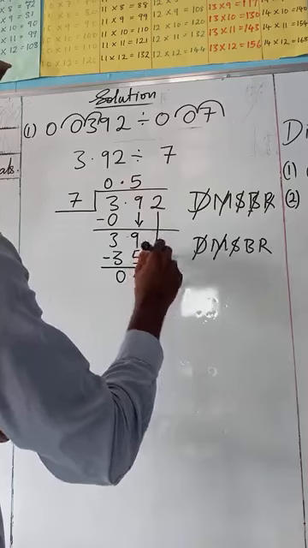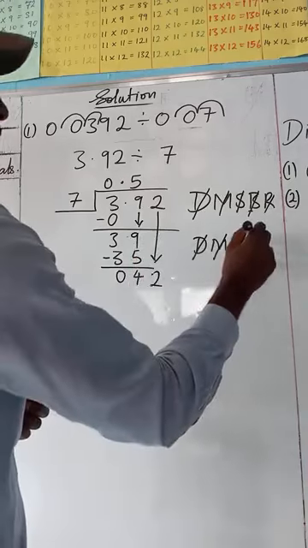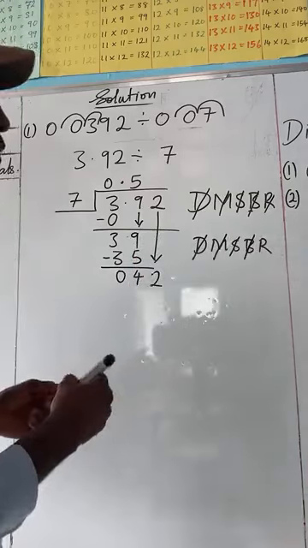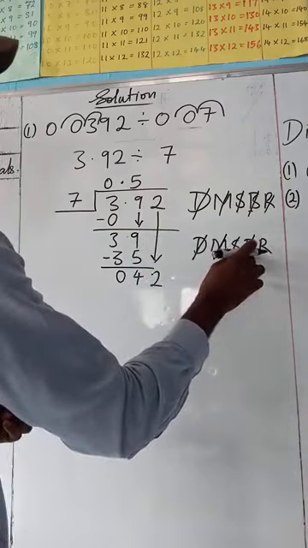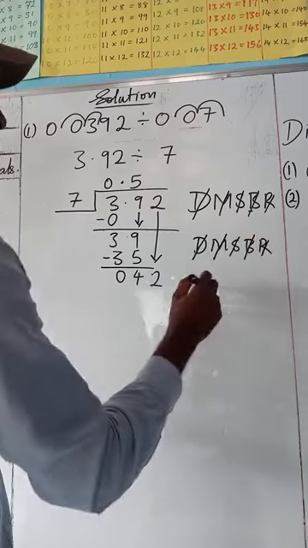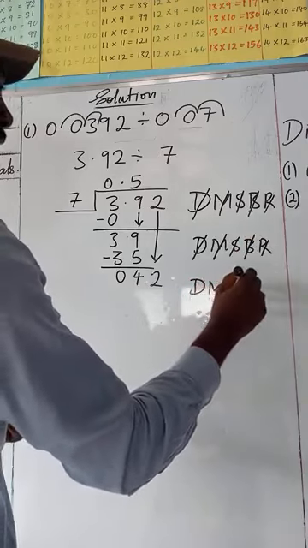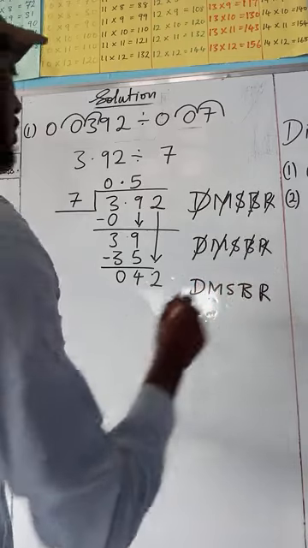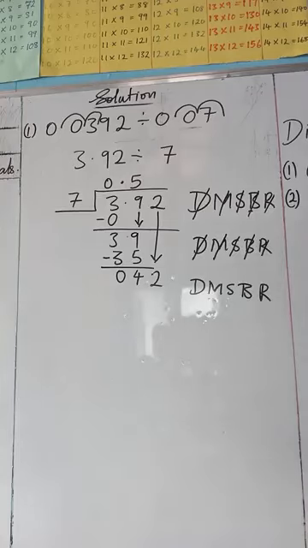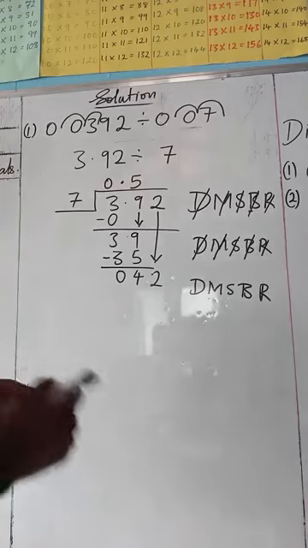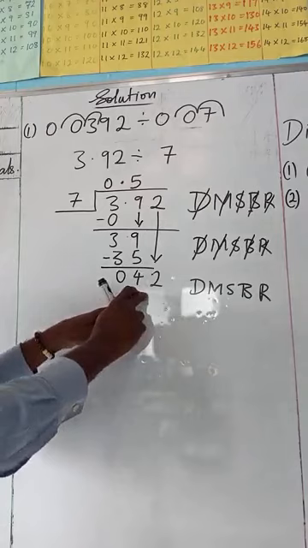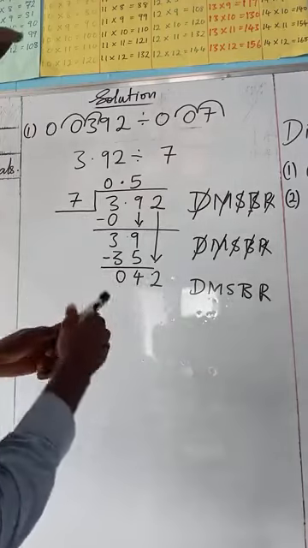You bring down your 2. You've brought down the 2. The next operation is you repeat the process. DMSBR, we've repeated the process. So we have 42 divided by 7.